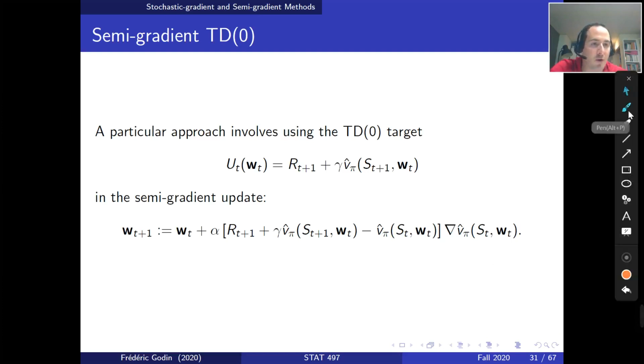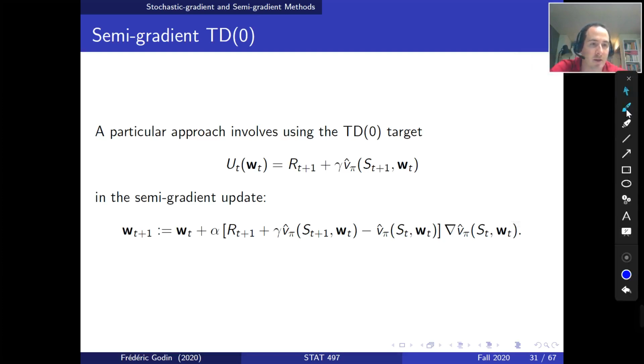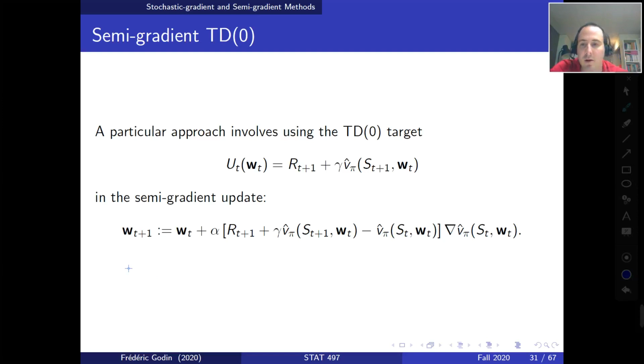Okay, so if we want to make a parallel, which I haven't written in the slides, but it's still nice to talk about, with what we did earlier: in earlier chapters, the update rule for the value function was something like next estimate is equal to previous estimate. And estimates of what? In the previous chapter, the estimates were directly estimates of V pi.